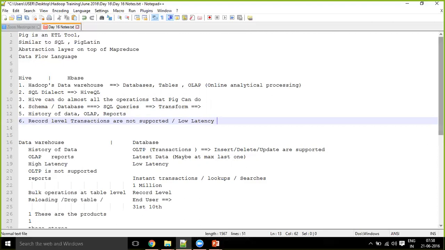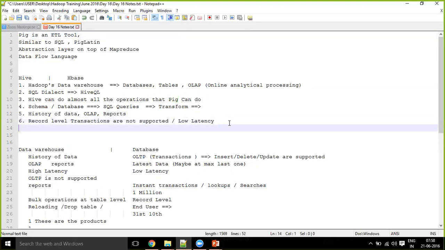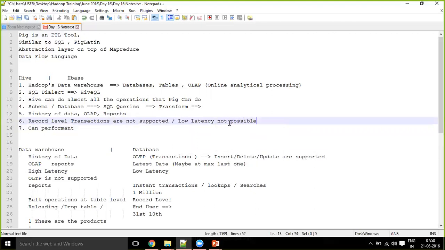Now, if I compare with Pig, as I was telling you, Hive can perform all the ETL transformations like your Pig.